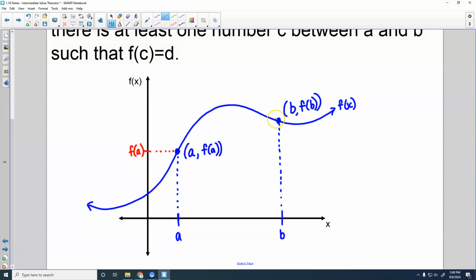So if I want to label my y-axis right here, this would be f of b. And again, my function could look any number of ways. It just has to be continuous, which this is.